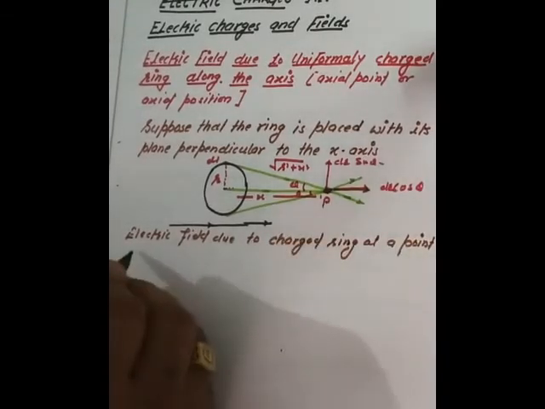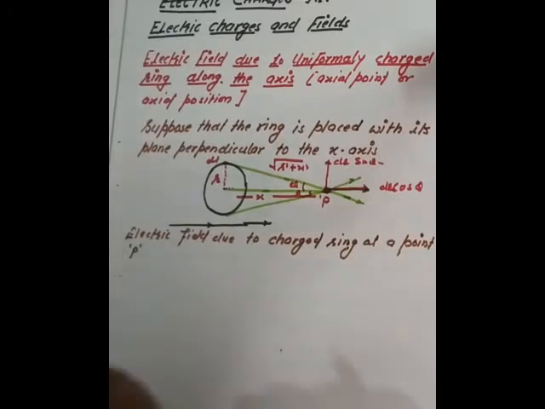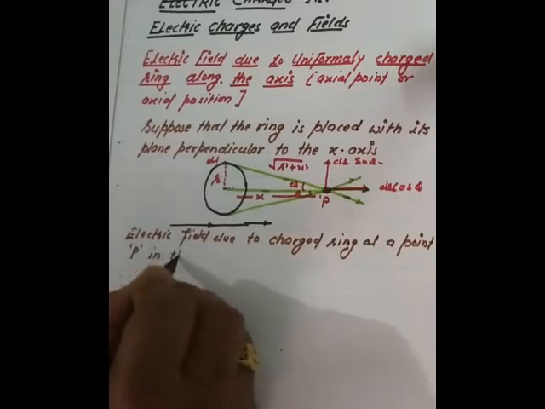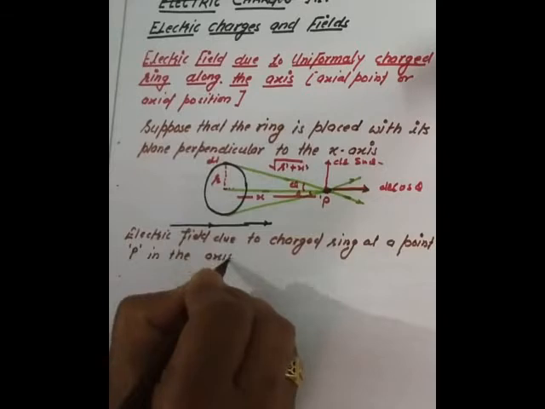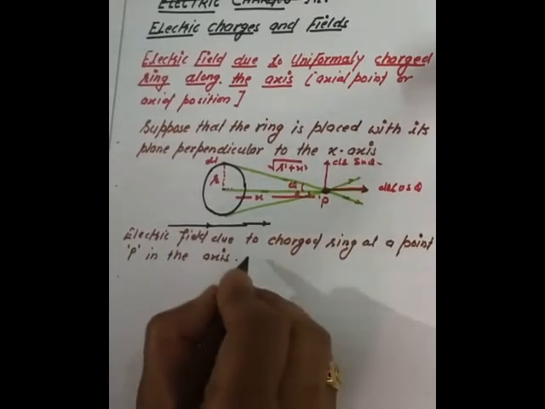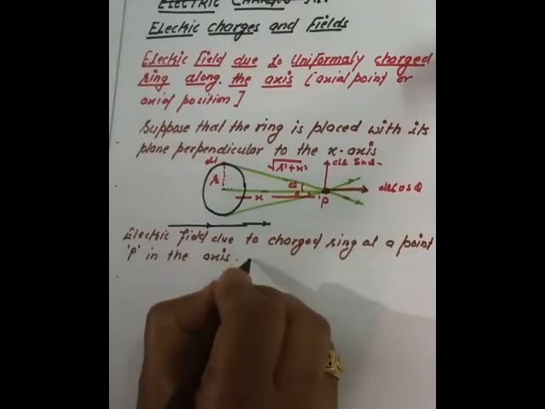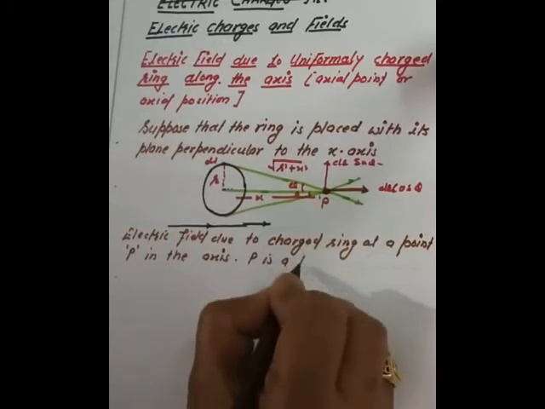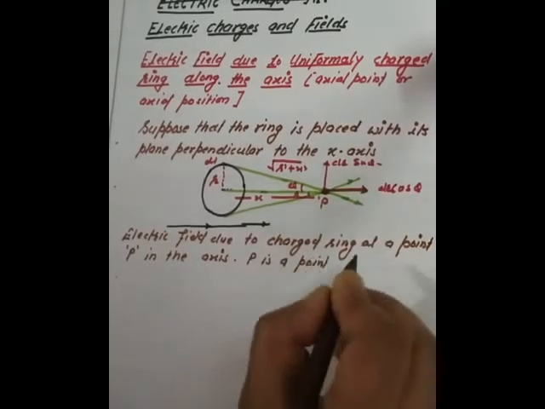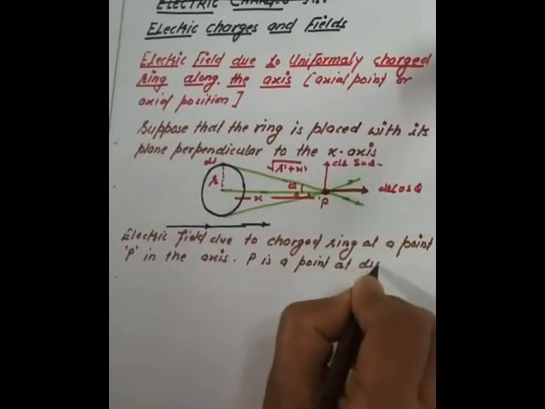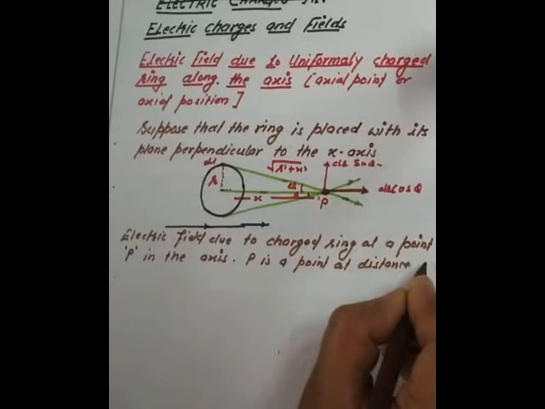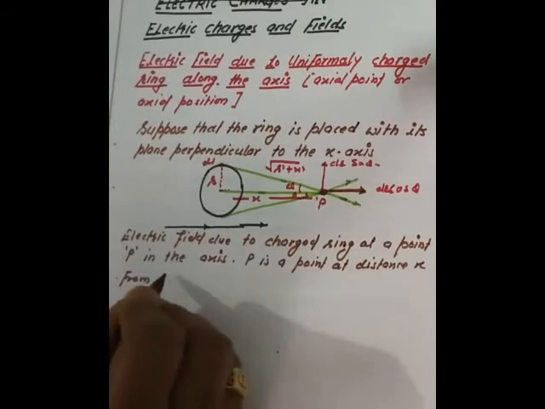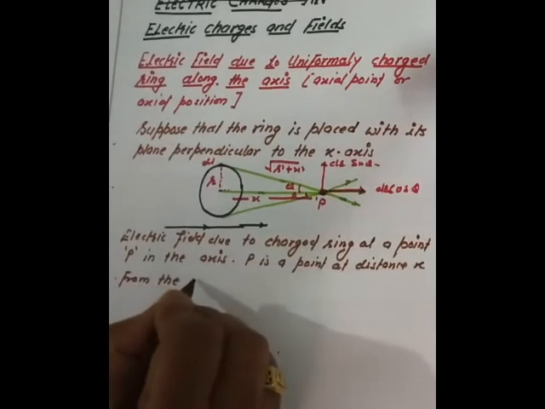Which point? Point P on the axis. Then you have to write: P is a point at distance x from the center of the ring.